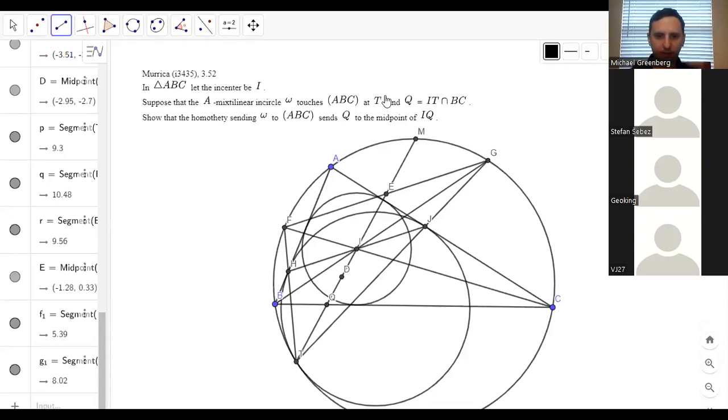We need to show FD squared equals FQ times FI in general. Are you sure that's right? FD squared is FQ times FI?